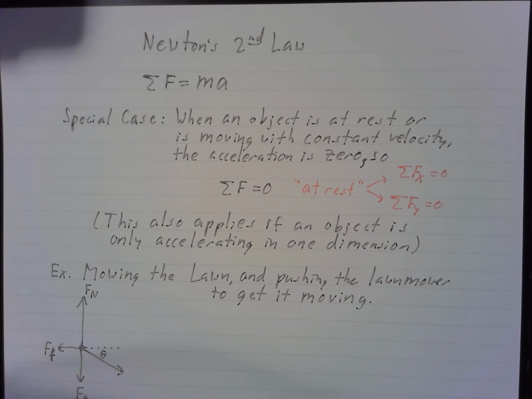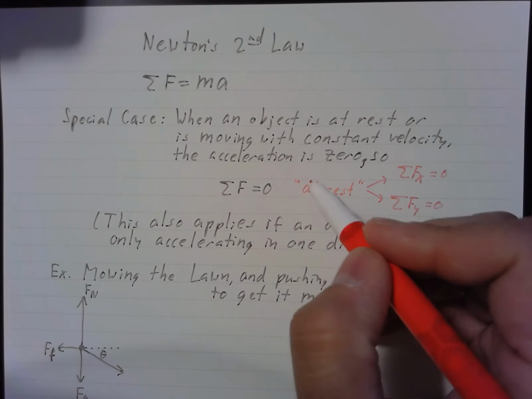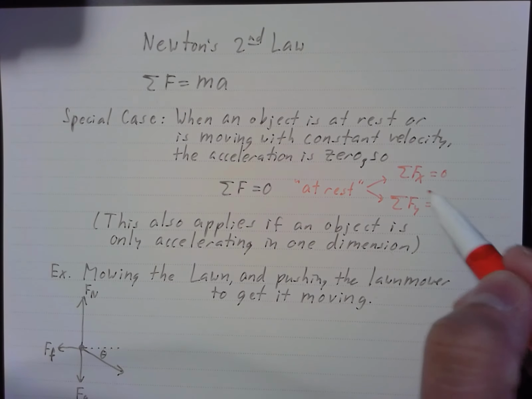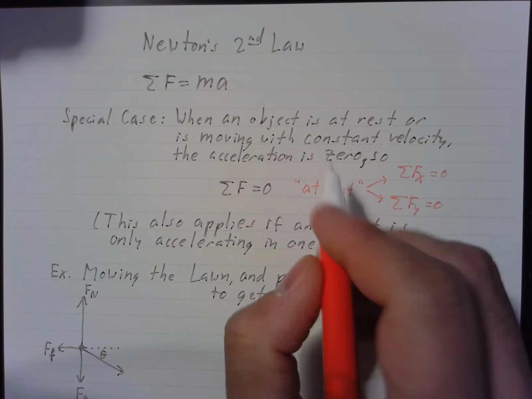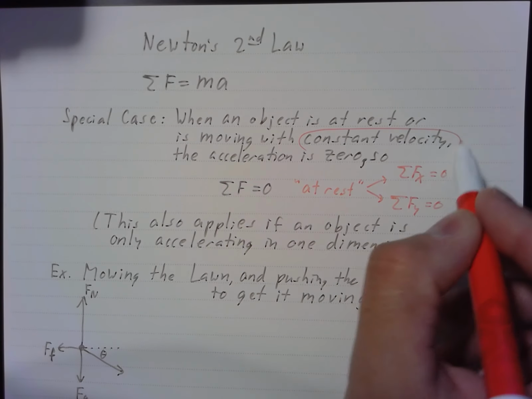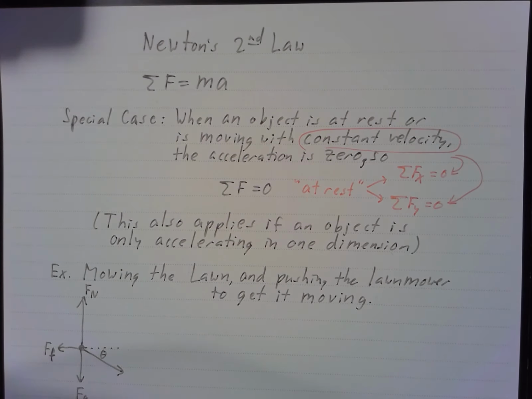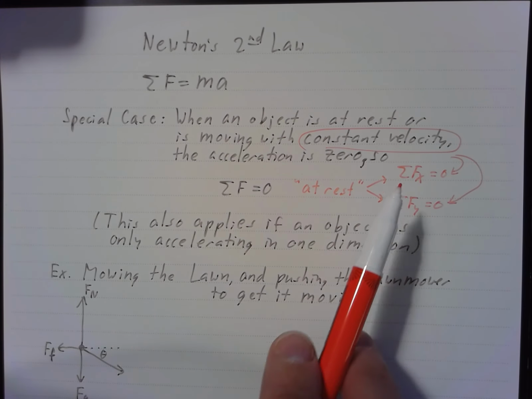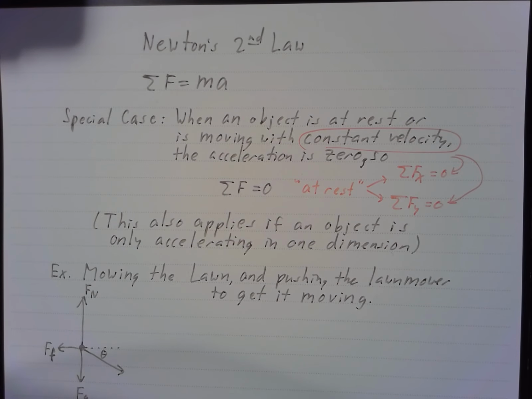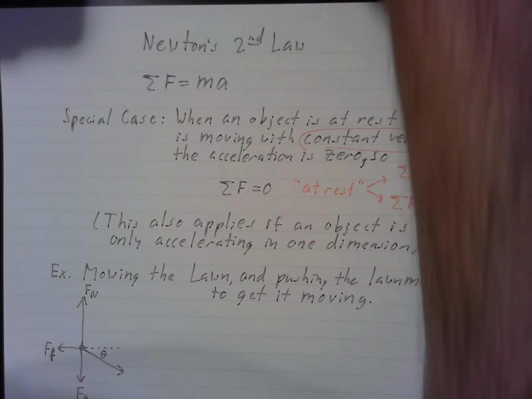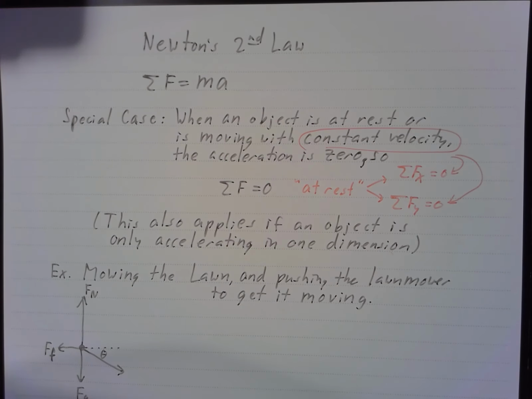Sorry, let me go back there. This means net force in all directions is 0, and constant velocity means the same thing. So if it is at rest or moving with constant velocity, then the net force is 0 in all directions. If it's accelerating in one dimension, then the other dimension has a net force of 0. And that's the example that I wanted to bring to you for the end of this video.